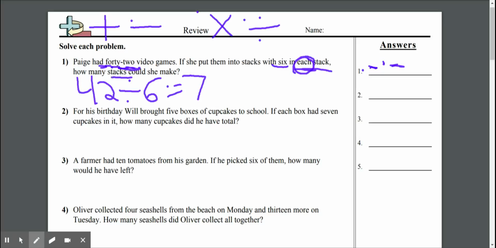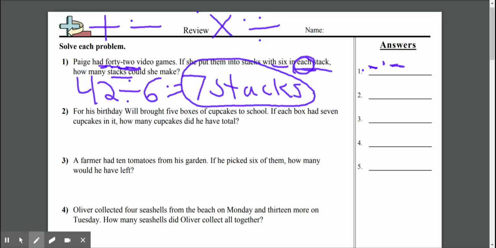So that's why we would say 7 stacks. Just like that. And then, to coin the phrase from one Mr. Kadri, circle your final answer, so that way we know.